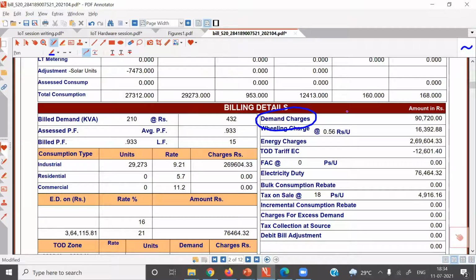demand charges are applied for 210 kVA, and for each kVA, what are the charges? Rs 432.